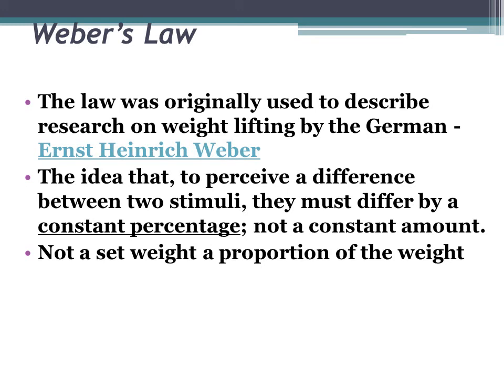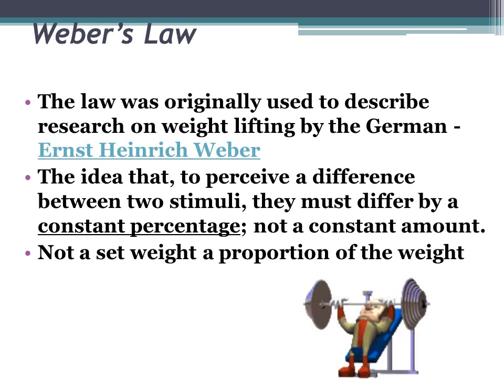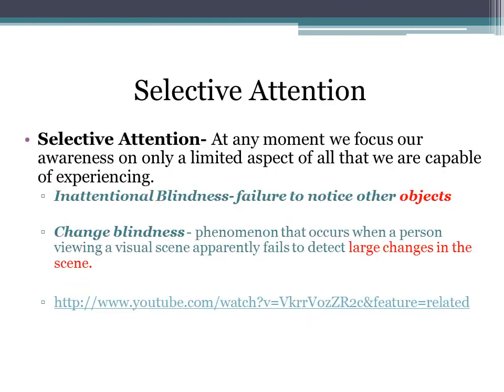Obviously you'd be able to tell the difference between maybe a 6-pound and a 7-pound weight if you add one more pound on. But if you went from 50 to 51, with one more pound on, you wouldn't be able to tell the difference. So you need to add a proportion to that weight versus maybe a number to the weight. And there you got our weightlifters there.